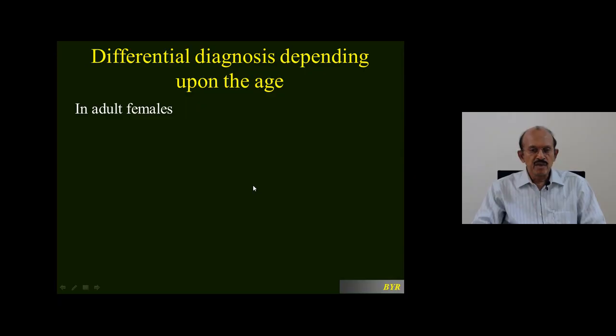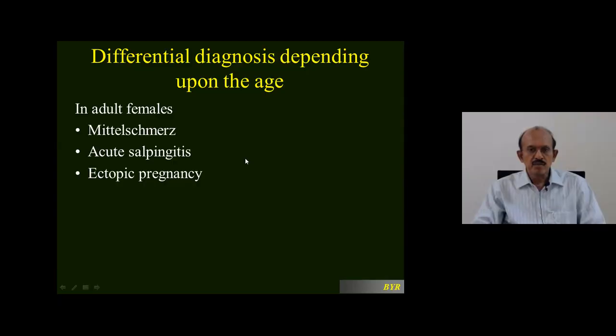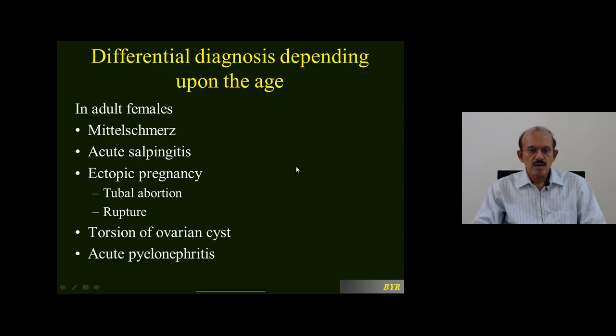Then in adult females, we should consider the pelvic disorders: mittelschmerz, acute salpingitis, ectopic pregnancy, that means ectopic pregnancy with either tubal abortion or tubal rupture, then torsion of an ovarian cyst, acute pyelonephritis.